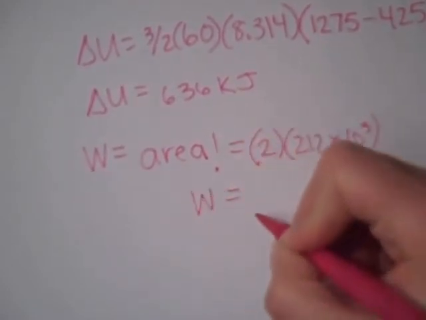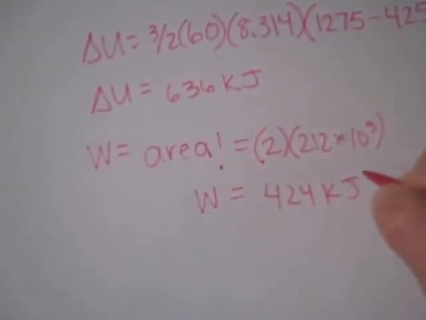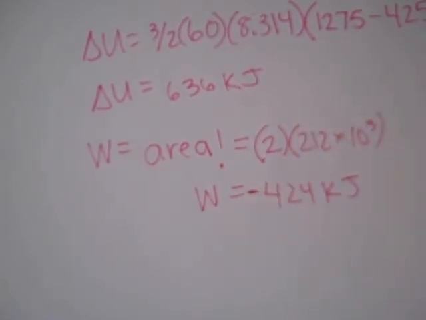And I get a work of 424 kilojoules. Now, since process 2, the arrow is moving to the right and the volume is increasing, this actually becomes a negative.